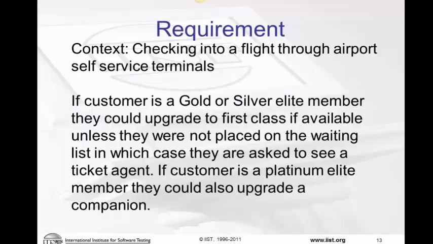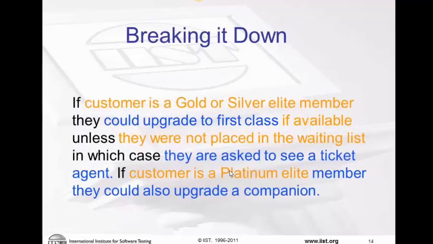So here's the first thing we're going to do. After you ask all your questions, you start taking the requirements. And I believe Tammy said there's so much in that requirement, and it needs to be broken down. If you remember, I asked Tammy to go ahead and break it down. Susan asked the question, is there a limitation on how many companions you can upgrade?